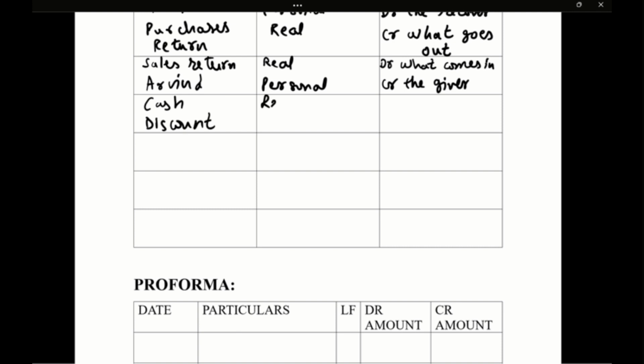Cash is real, which is coming in, and discount is a nominal account. Credit all incomes and gains.